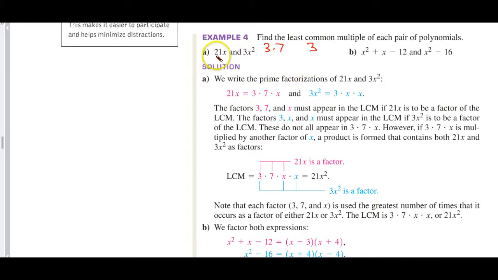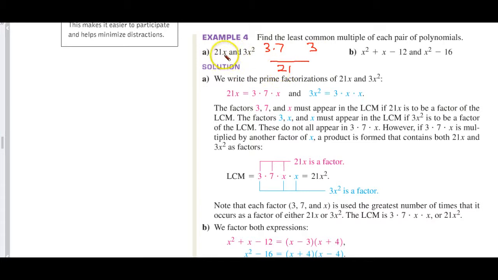So our common multiple of the 21 and 3 is actually going to be a 21, because the 3's used once, the 7's used once, so we need the 21.